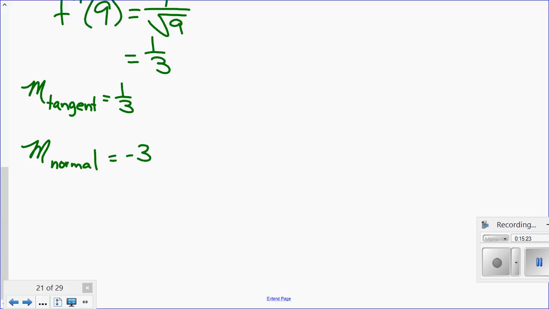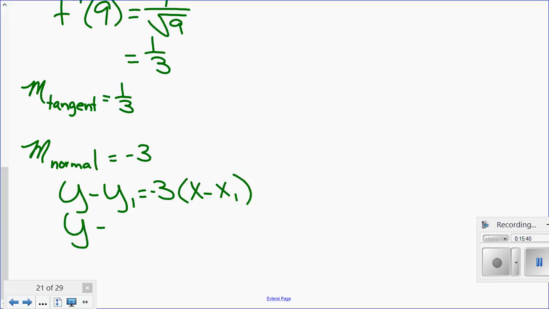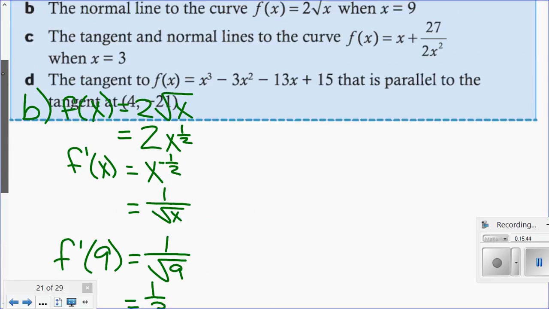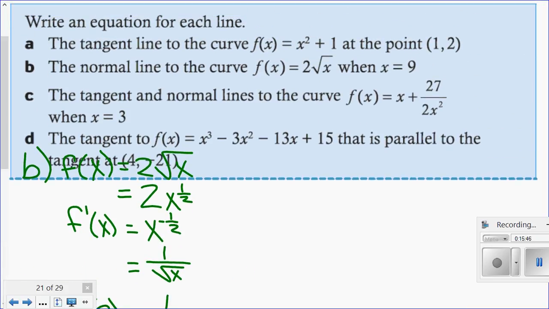So now I just use point slope form. Don't I have a point and a slope? y minus y1 is equal to -3 times x minus x1. y minus... uh-oh. You don't have a point. Yikes! What do I do?